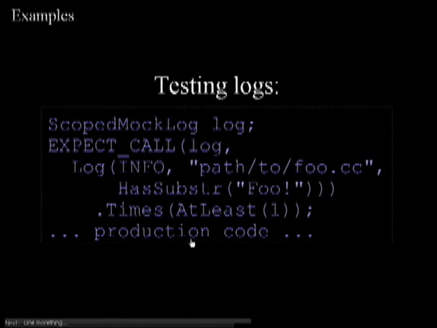Questions so far? Yes? How come you return a pointer to an object or a pointer to a mock object? Sorry, could you repeat the question? Is there a way to return a pointer to an object or a pointer to a mock object? Where do you want to return that pointer? Well, I have a rather complex set of classes I'm trying to test. One of them returns a pointer to another one.